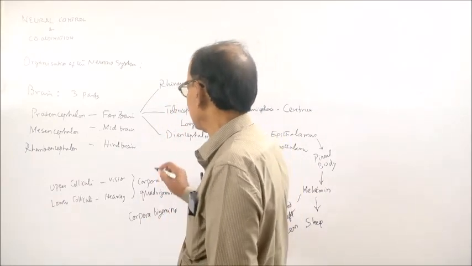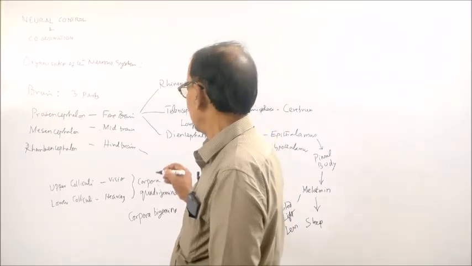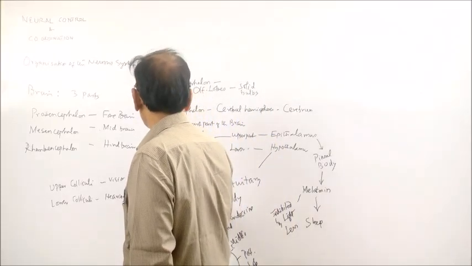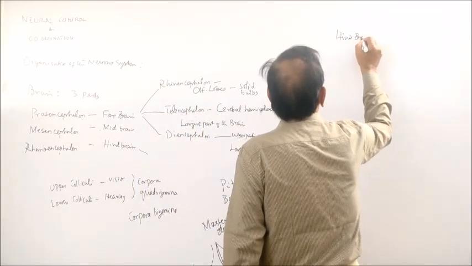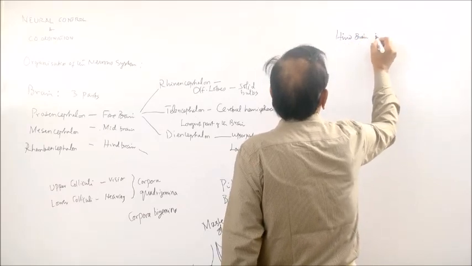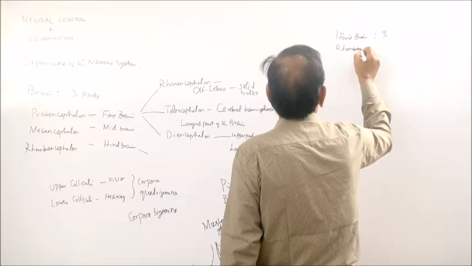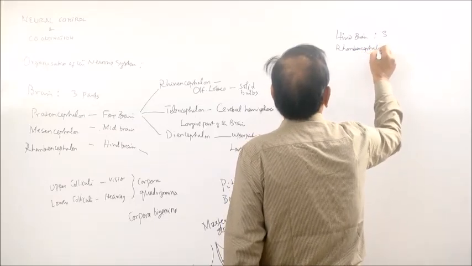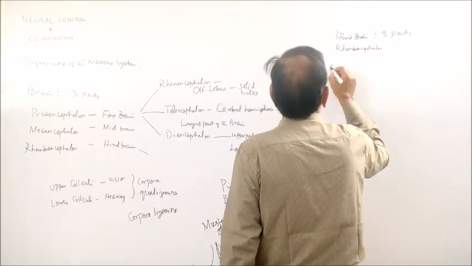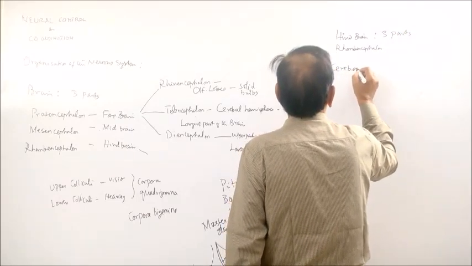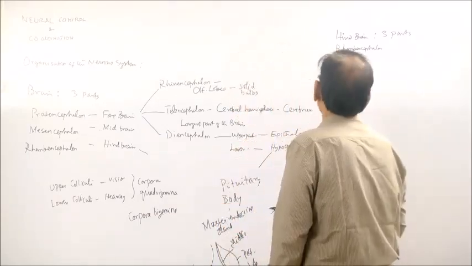Then we come to the hindbrain. Now, hindbrain, or rhombencephalon, consists of three parts: cerebellum, which is the second largest part of the brain after cerebral hemispheres.